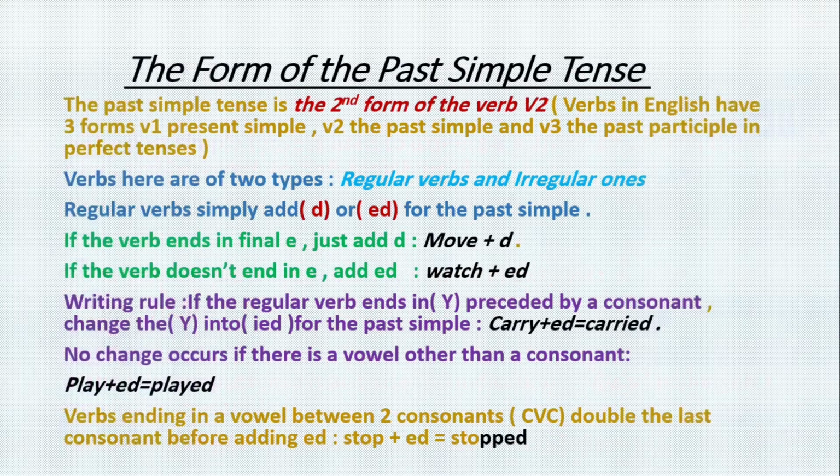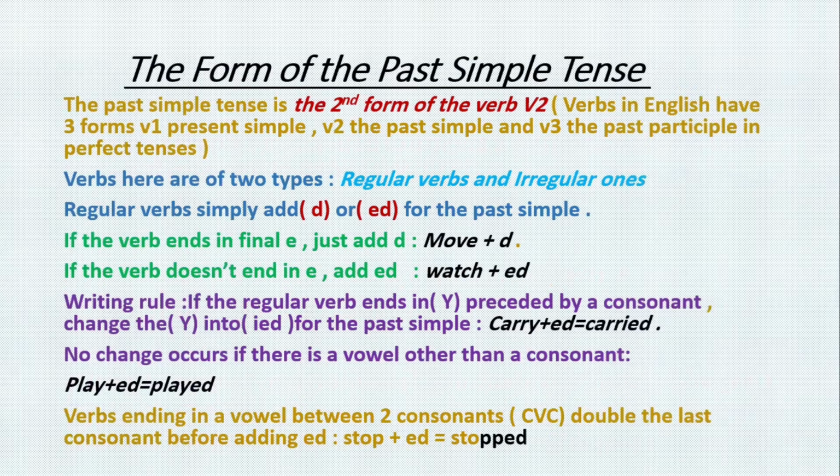How do we form the past simple tense? We know that all verbs in English have three forms. Form one, or verb one, this is the present simple. And form two, or verb two, this is the past simple.